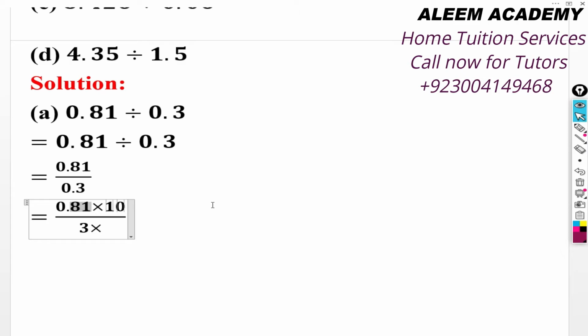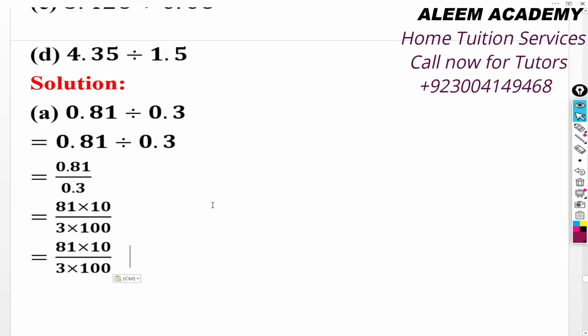It means we are going to multiply with 100 on the other side after removing this decimal. See, 100. Now just multiply these numbers. 81 multiplied by 10, answer comes 810, and 3 multiplied by 100, answer comes 300.